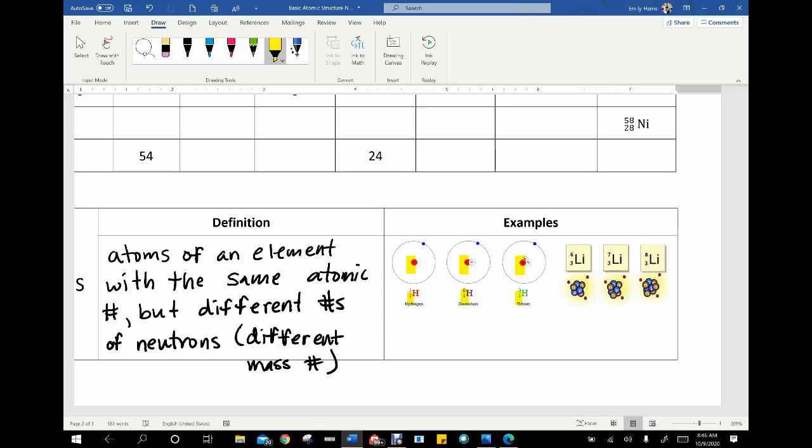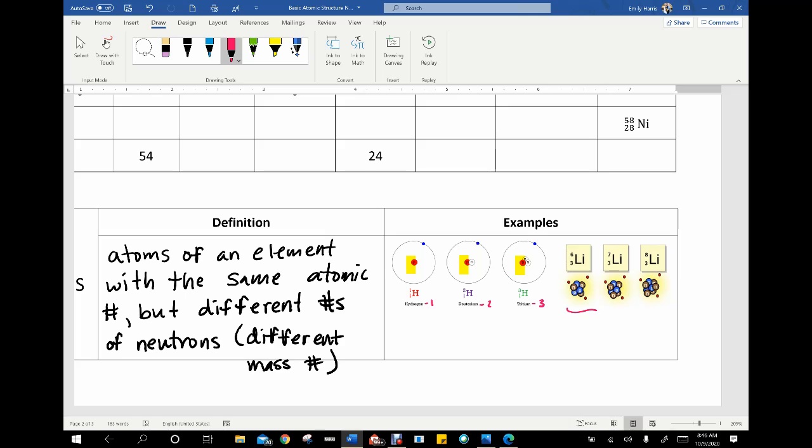The second isotope has 1 neutron, and the third isotope has 2 neutrons. And so what we see is that changing the number of neutrons is going to change the mass number. So you have hydrogen-1, hydrogen-2, and hydrogen-3. Now, it's still hydrogen, it's just a slightly different form because you have a different number of neutrons within the nucleus.